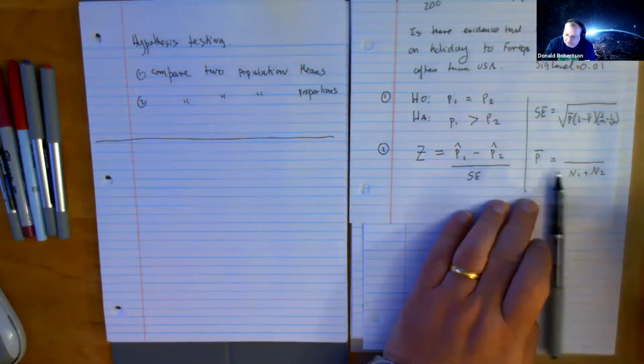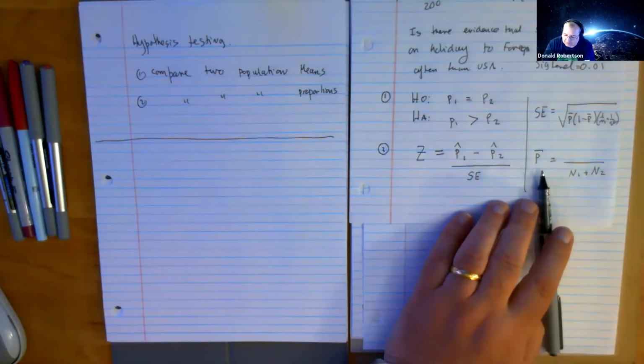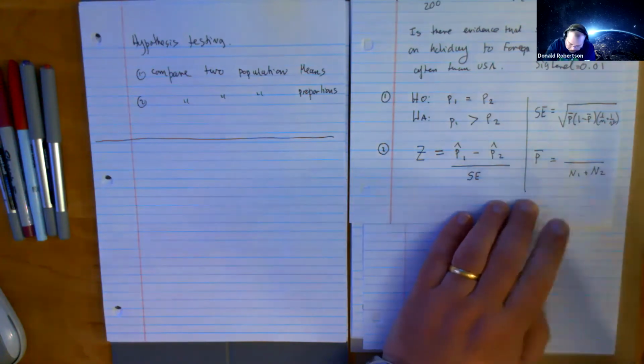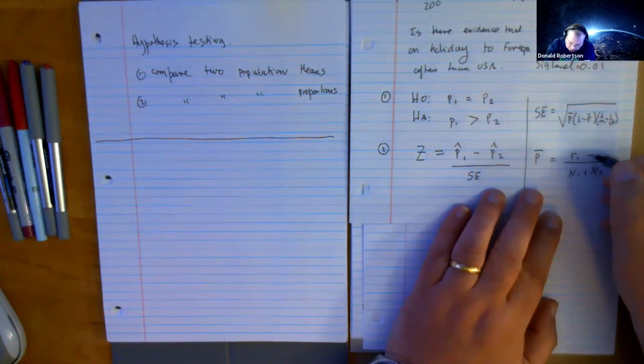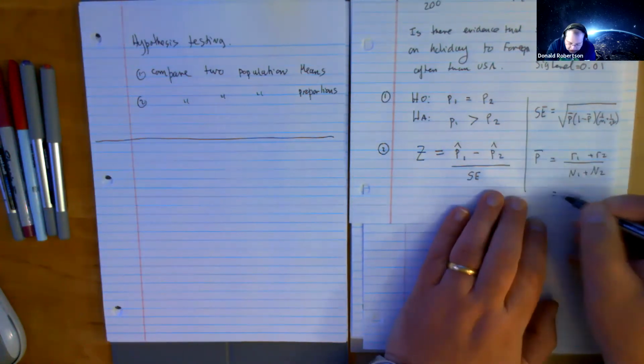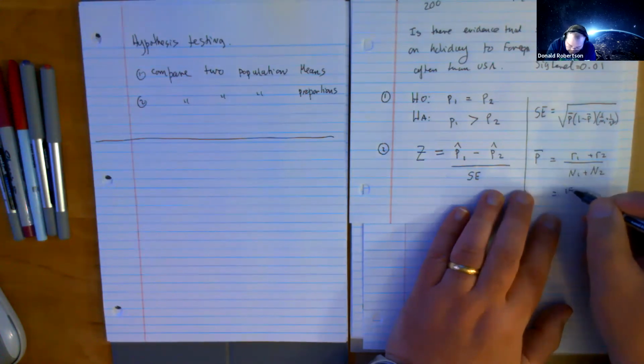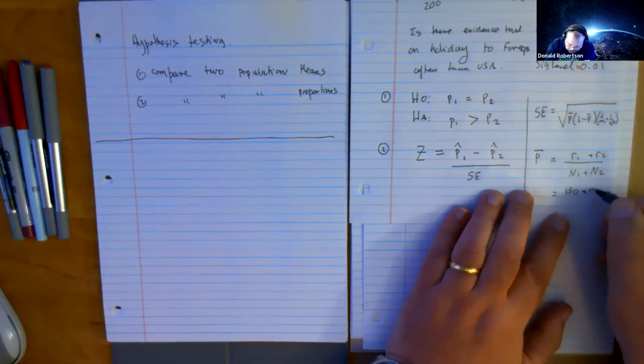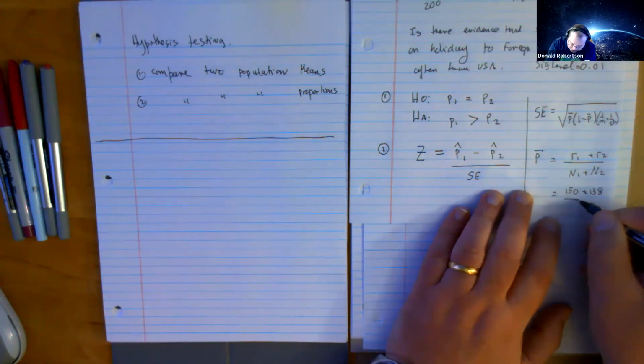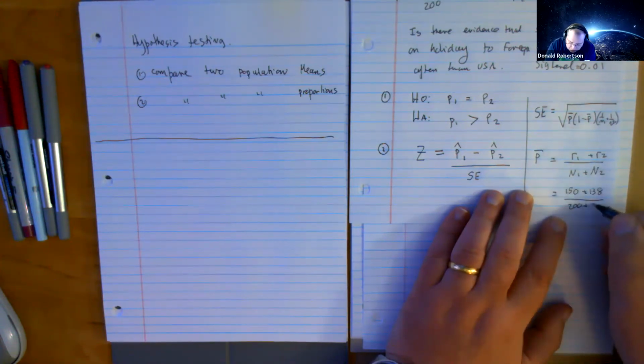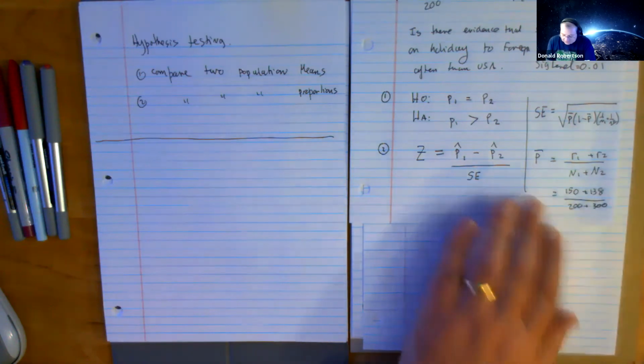If you want to see what the formula looks like, if we say response 1 plus response 2, in this case it ends up being 150 Scottish people and another 138 Americans over a grand total of 500.